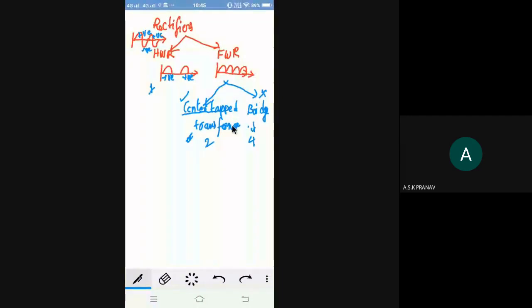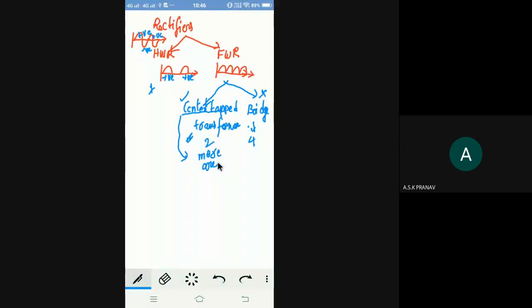So, what is the disadvantage of a center tapped transformer? It occupies more area.